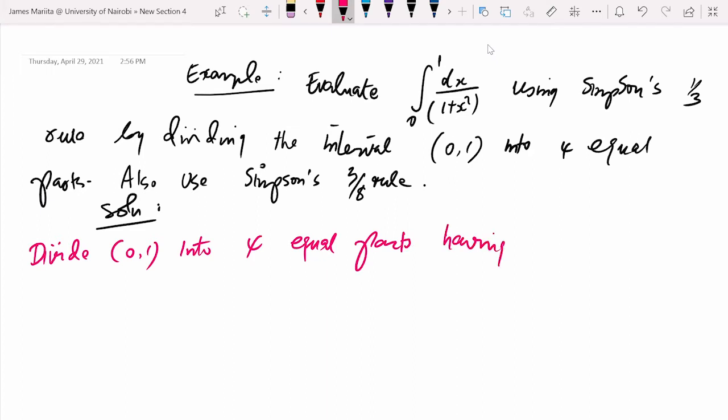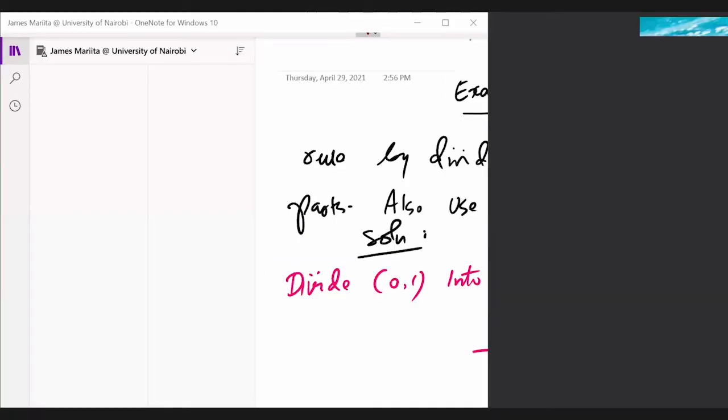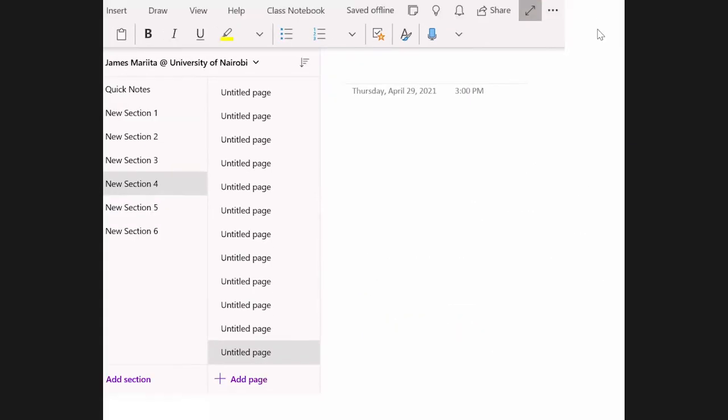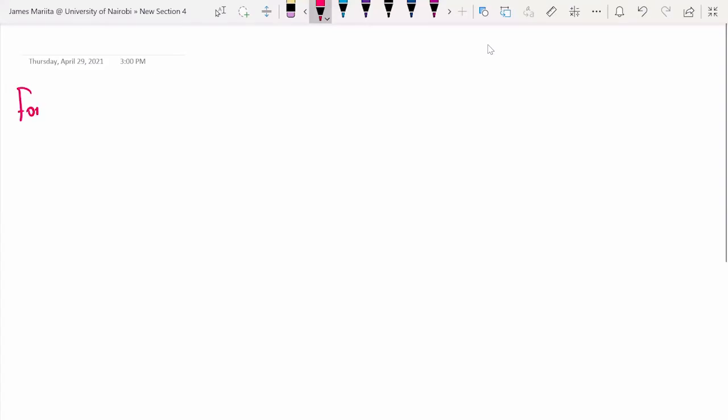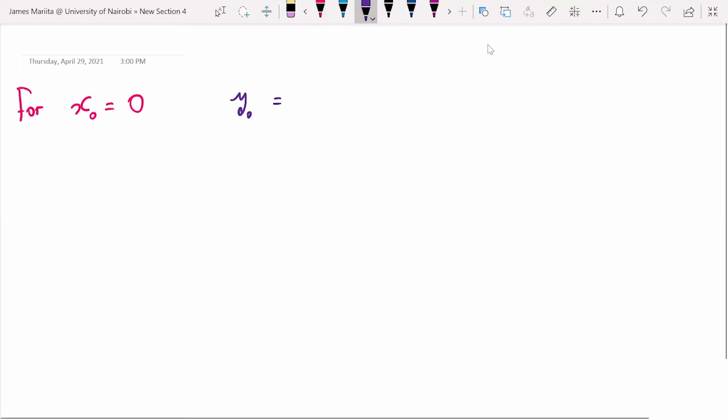having the interval length will be 1/4 or 0.25. So we have the following then. For the starting point, x naught will be 0. So we have y naught equal to 1.